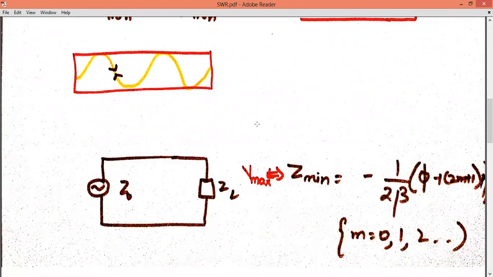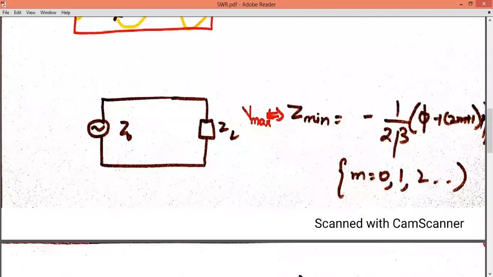Now we need to understand one thing: why we are finding this. We need Vmax. Vmax arises where there is a minimum impedance. Therefore we will first find the impedance, and automatically we will be able to find the maximum voltage. So Z minimum, the minimum impedance, equals minus 1 upon 2 beta in the bracket phi plus 2m plus 1 pi, where m equals 0, 1, 2.